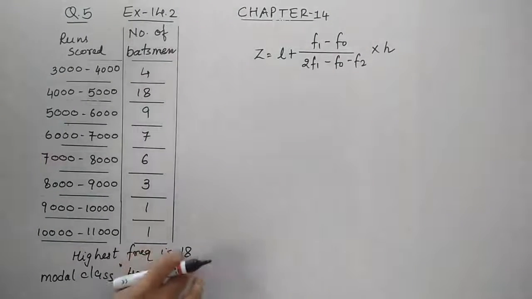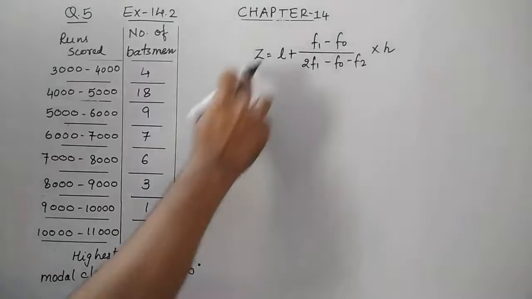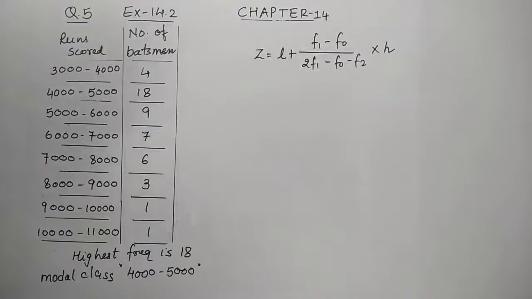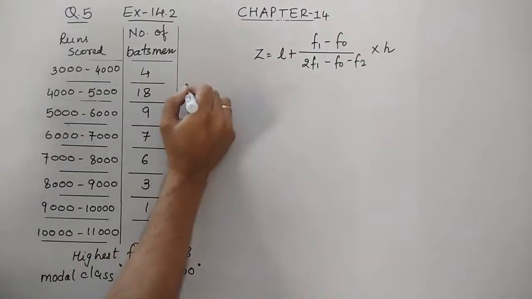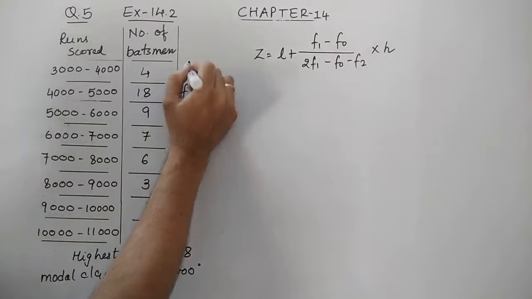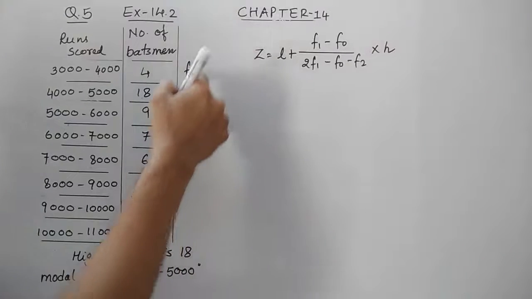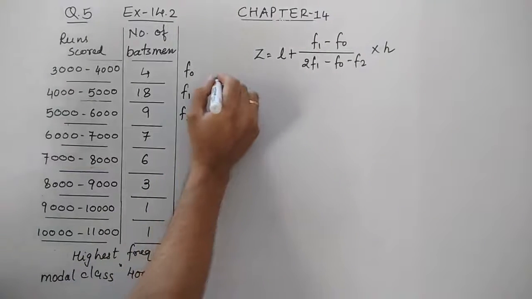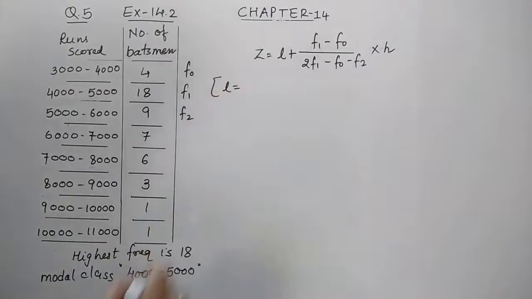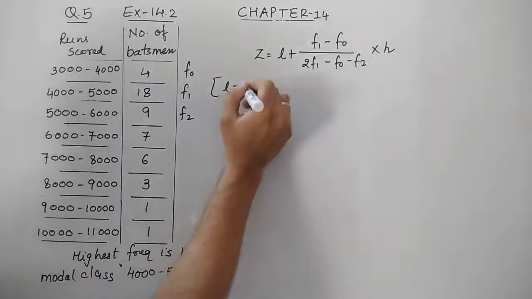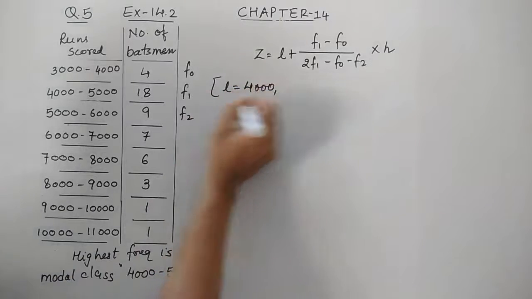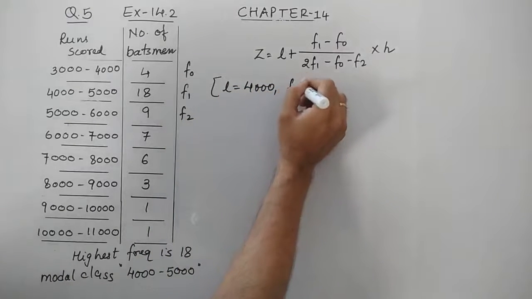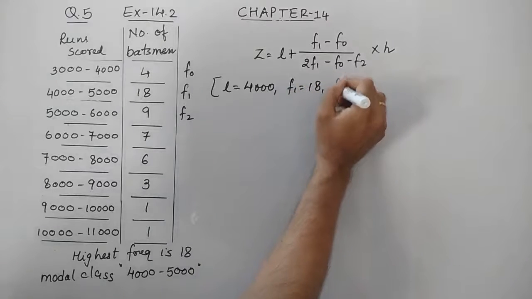Now as we have obtained the highest frequency and the modal class, the rest of the values can be obtained. As the highest frequency is F1, the preceding is F0 and the succeeding is F2. It's 0, 1, 2. We know how to do it. Now let us write down all these values. L is the lower boundary of the modal class, that is 4000. F1 is the highest, that is 18.